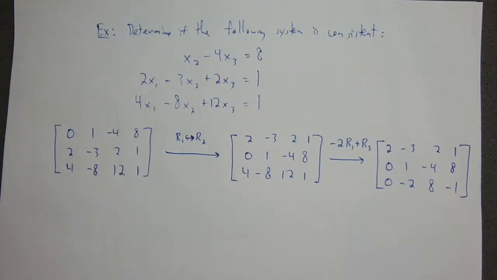Someone asked, why wouldn't you just swap row 3 instead of row 2? You can do that. There's nothing stopping you from doing it that way. Ultimately, it's not going to matter how you do this, as long as you do it in a way that gets you to termination, as long as it terminates.